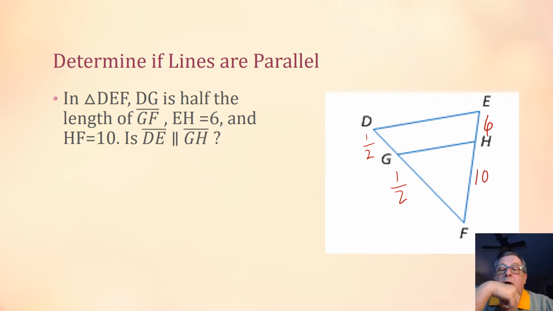And then we're asked the question, is this segment DE parallel to GH? Well, according to the converse of the triangle proportionality theorem, then DF and EF, those two segments, must be proportional.